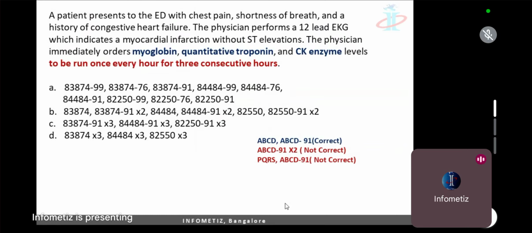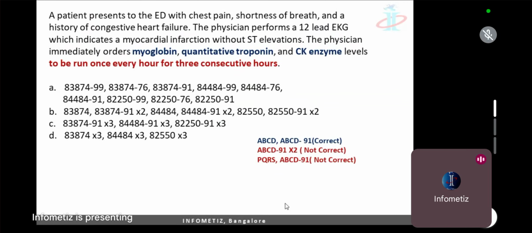Do I need to use 91 modifier with all the codes, or we exclude with the original code? Option B, sir. Exclude with the original. So option B, correct. See, 91 is for duplicate. You cannot use for original one.